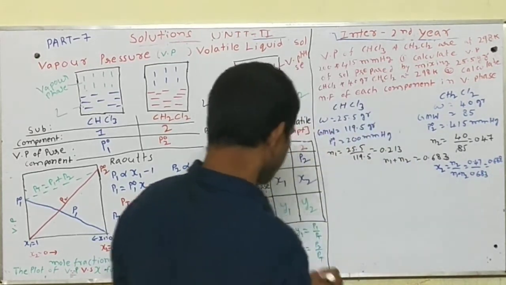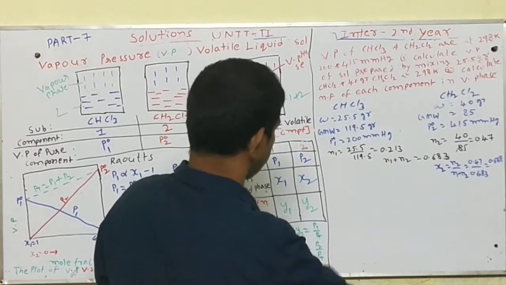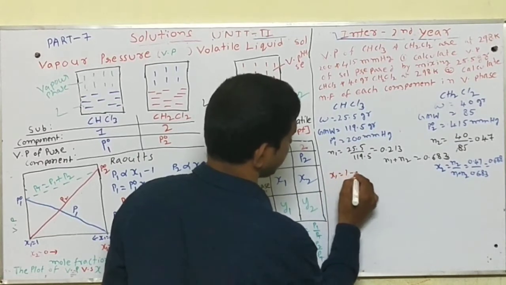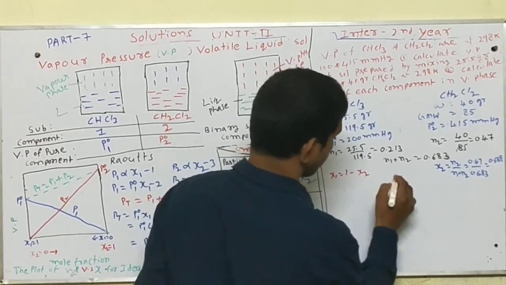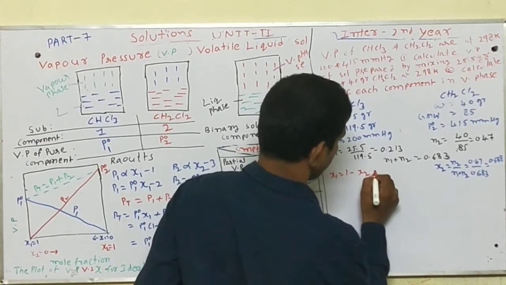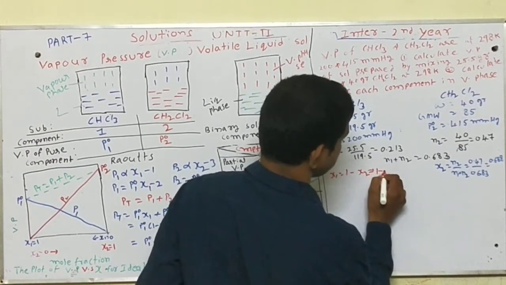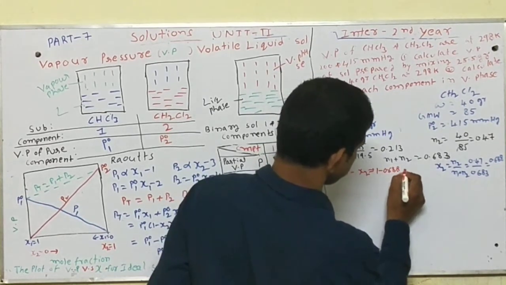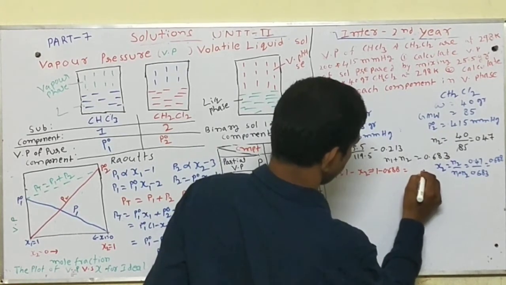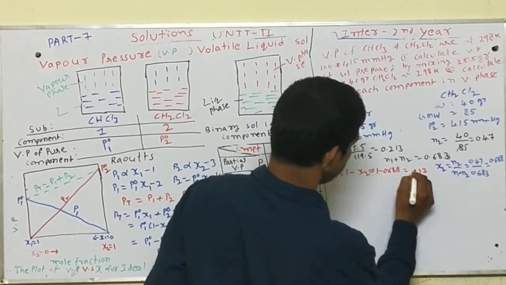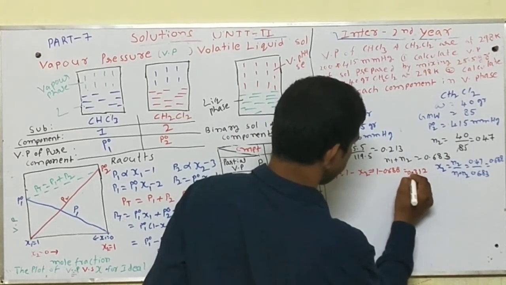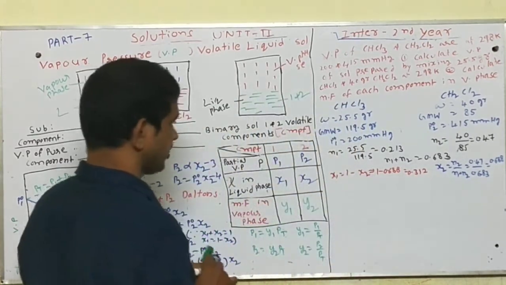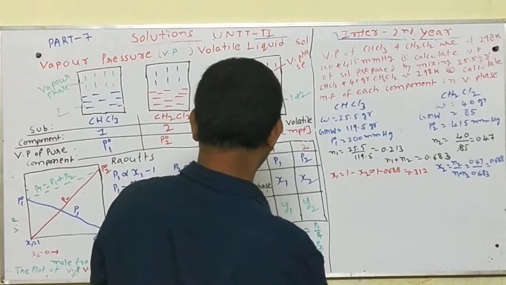We know that x1 is equal to 1 minus x2, it will be equal to 1 minus 0.688, which is 0.312 mole fraction.